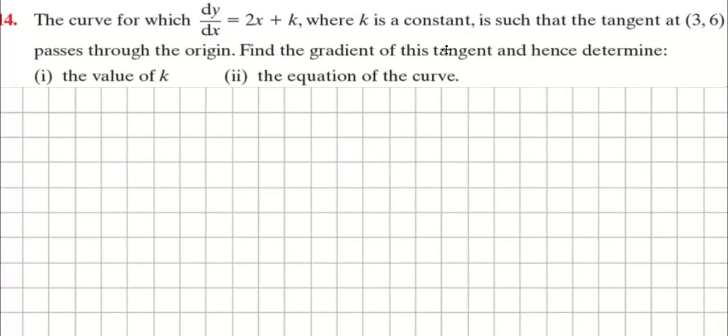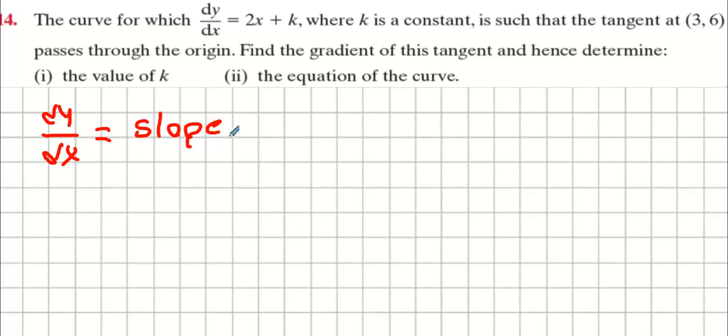Okay. The curve for which dy/dx equals 2x plus k, where k is a constant, is such that a tangent at the point (3, 6) passes through the origin. Find the gradient of the tangent and hence determine the value of k. Now, isn't the dy/dx another fancy way of saying what? Slope.